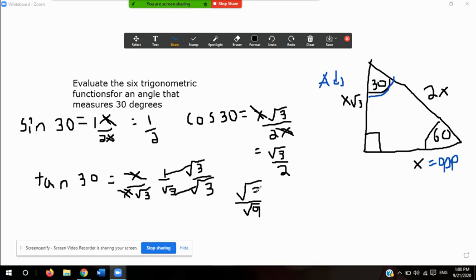And because 9 has a perfect square root, which is 3, we say that the tangent of 30 is the square root of 3 over 3.